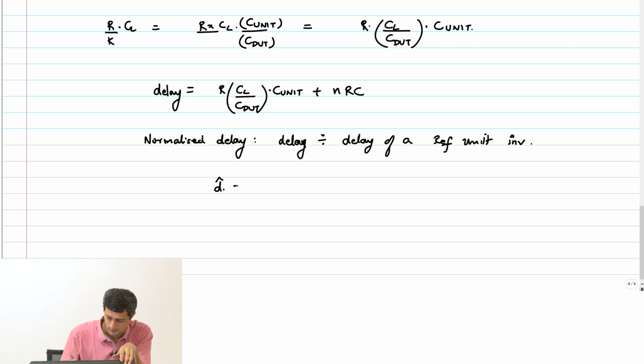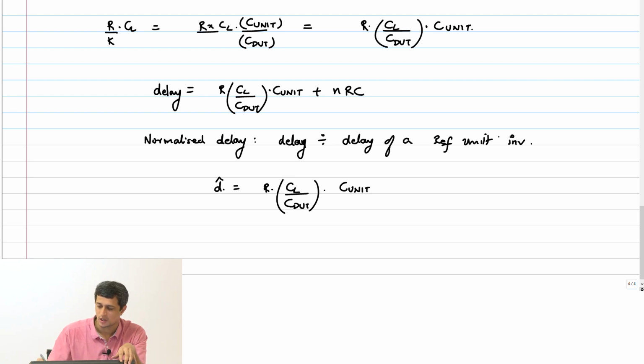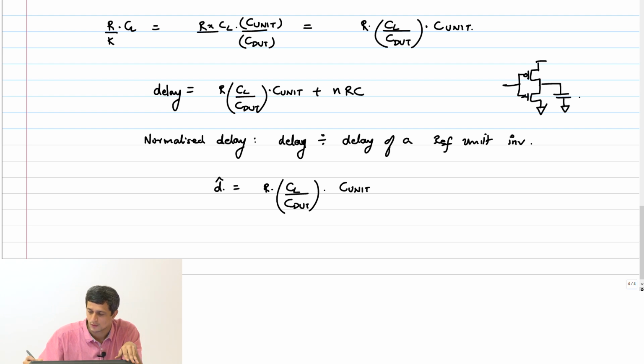So D hat is the normalized delay, is R into CL by C unit. And what is the delay of a reference unit inverter which is driving no load? See this. I mean, there is no load here. So what is the delay of this inverter? Yeah.